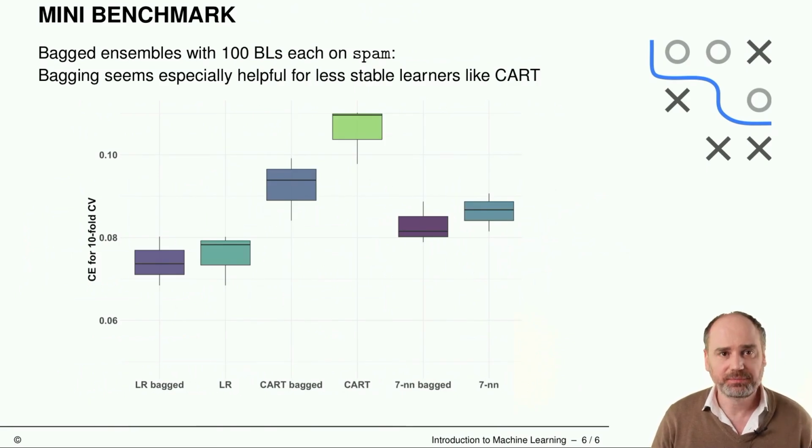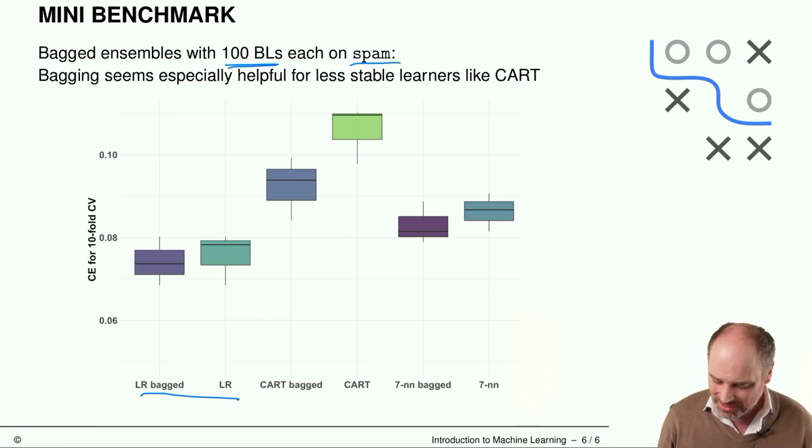Here's a small benchmark. So we bagged ensembles with about 100 base learners here. I used the SPAM dataset, which we've also seen before, and I'm applying that on top of logistic regression, which is a somewhat stable learning algorithm. So there's not too much instability, random variation in that algorithm. There is the CART algorithm. That is somewhat unstable.